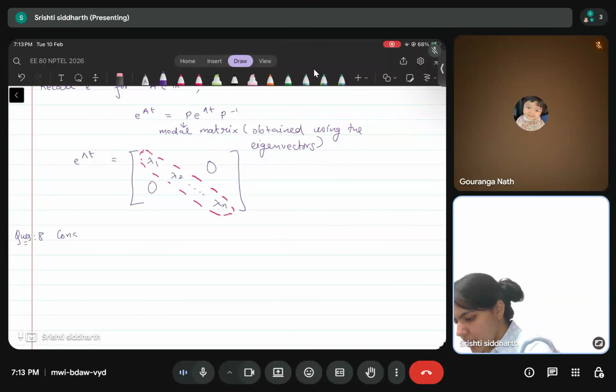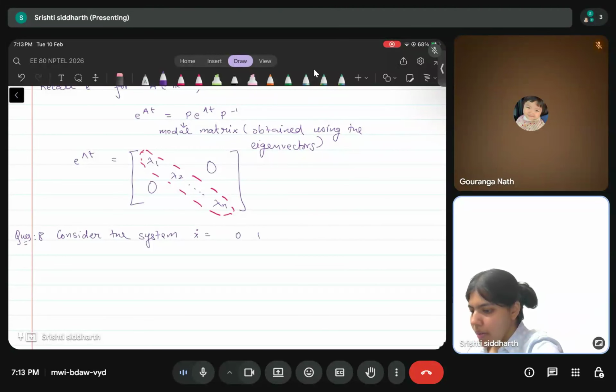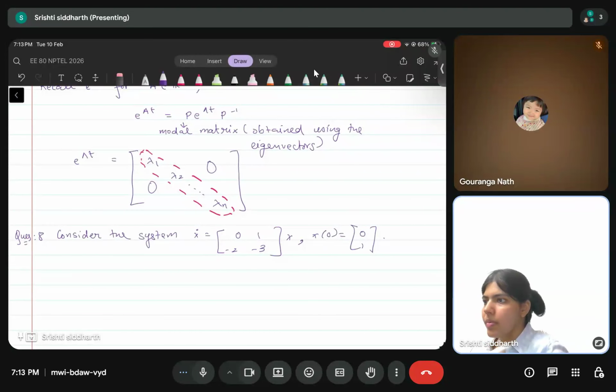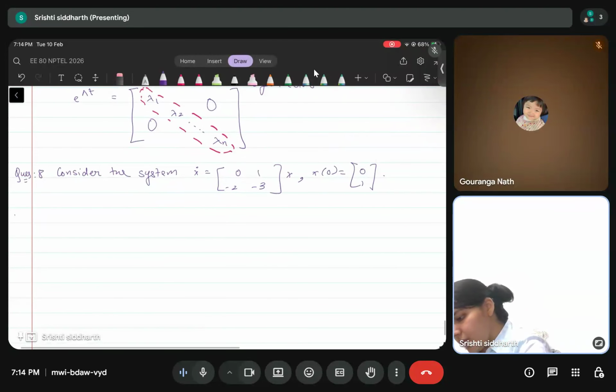Consider the system x dot equals [0, 1; minus 2, minus 3] x, and the initial state is 0. Okay, so we already know how to calculate the state transition matrix.